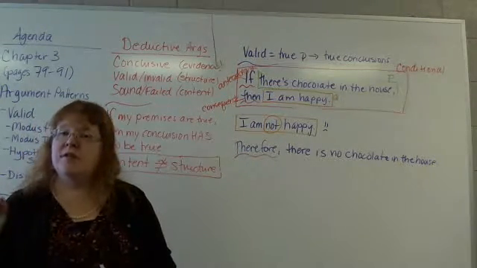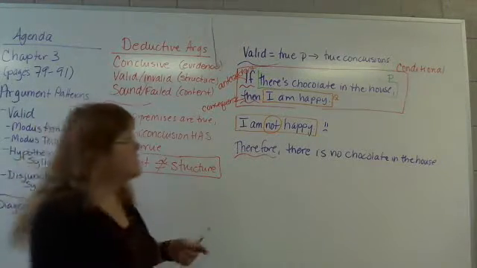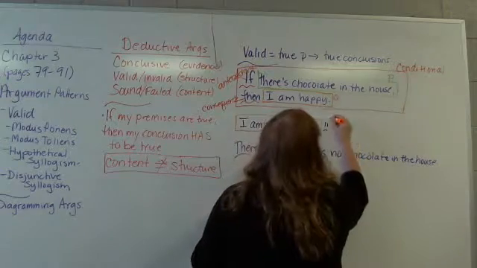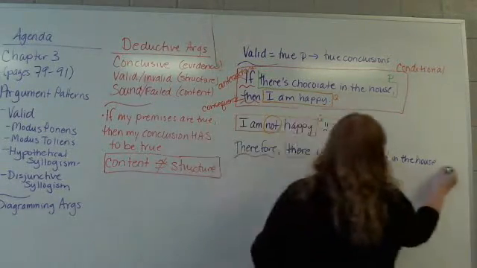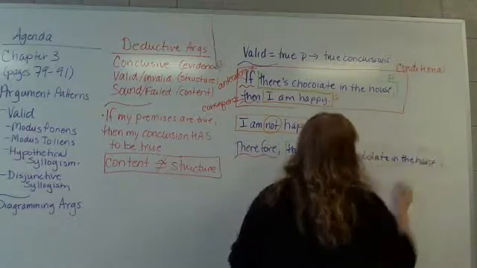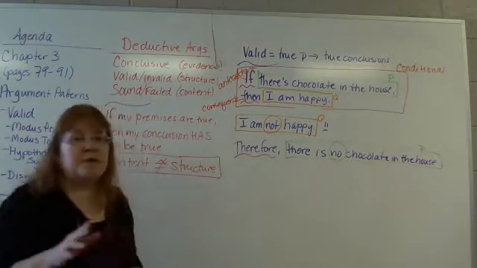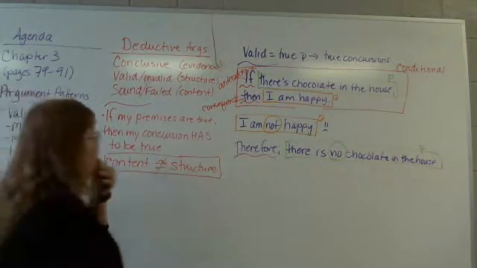They don't change the variable, but they do add the word in. We're going to get to those in a little bit. So I am not happy is still a Q. There's no chocolate in the house. Got my no there. That's still a P. But I have to remember to put the nots in. That's important. I know. Weird, but important.